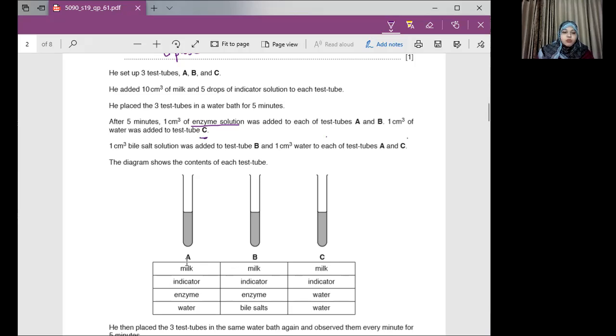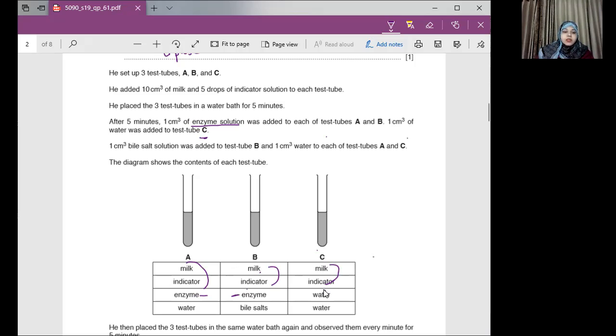First milk and indicator is added to all 3 test tubes, and after this, all the 3 test tubes are kept in a water bath for 5 minutes. Then they are adding enzyme to A and B, and in C, they are adding only water.